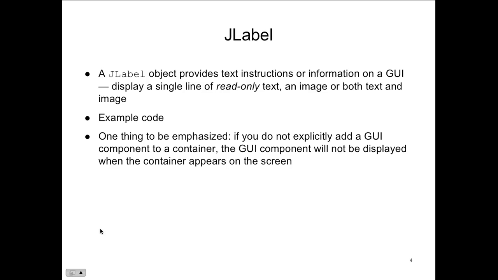I'm going to show you the example code when we're all done, actually. One thing to emphasize is you have to explicitly add a GUI component to a container, otherwise the GUI component will not be displayed when the container appears on the screen. Once you add stuff to the container, you also have to actually display it, which I'm going to show you in the examples.